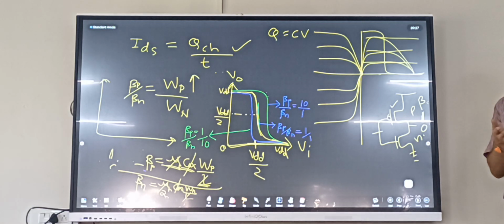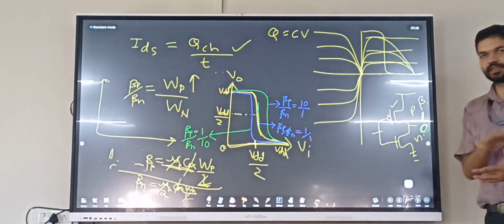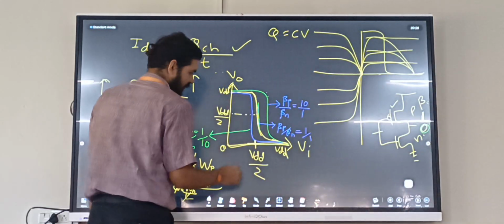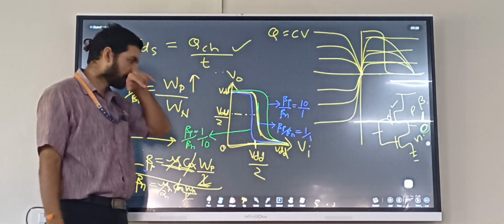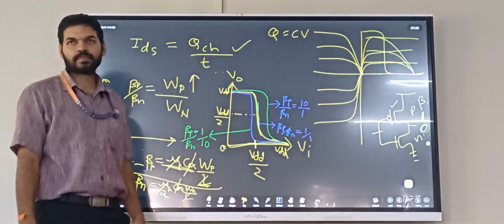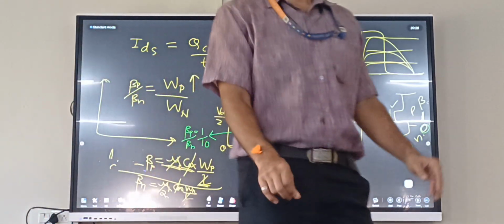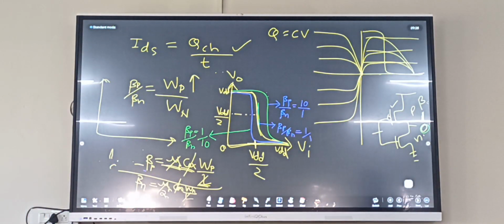If I make both equal, they will be almost the same. If I make NMOS stronger, the output will try to stay at logic 0 for a longer duration. So we can play with the widths of the MOSFETs and get the desired results.